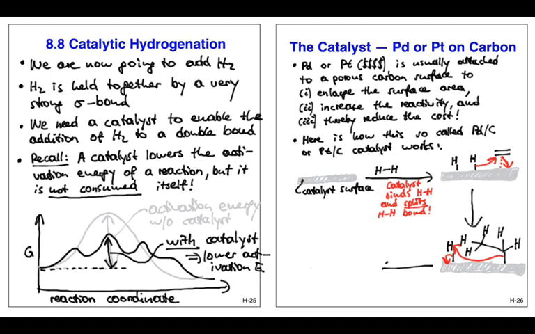Okay, and so finally, then that liberates the catalyst, the original catalyst surface. And it liberates the hydrogenated alkene. You see, that's the alkene where two hydrogens have been added to it. And so, important thing is here we have the regenerated catalyst. Right? Give you a few seconds to finish up the writing.